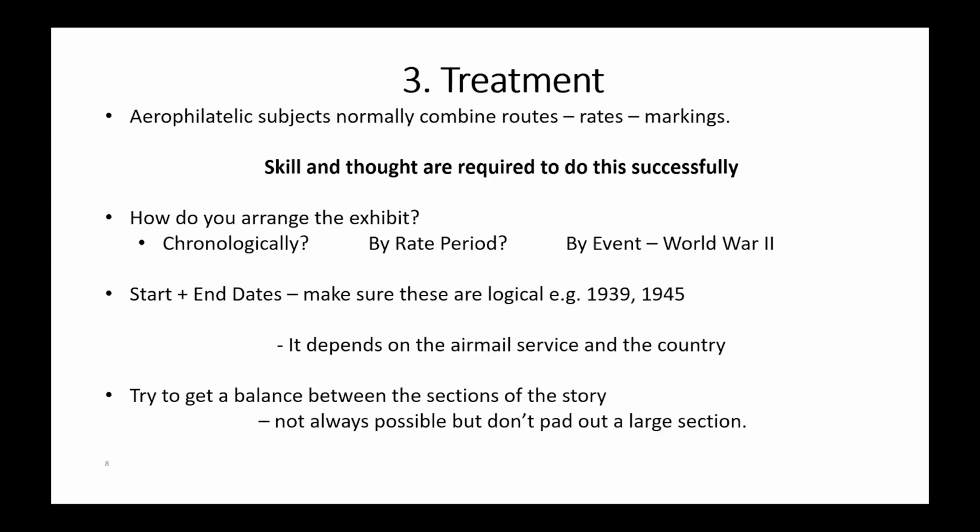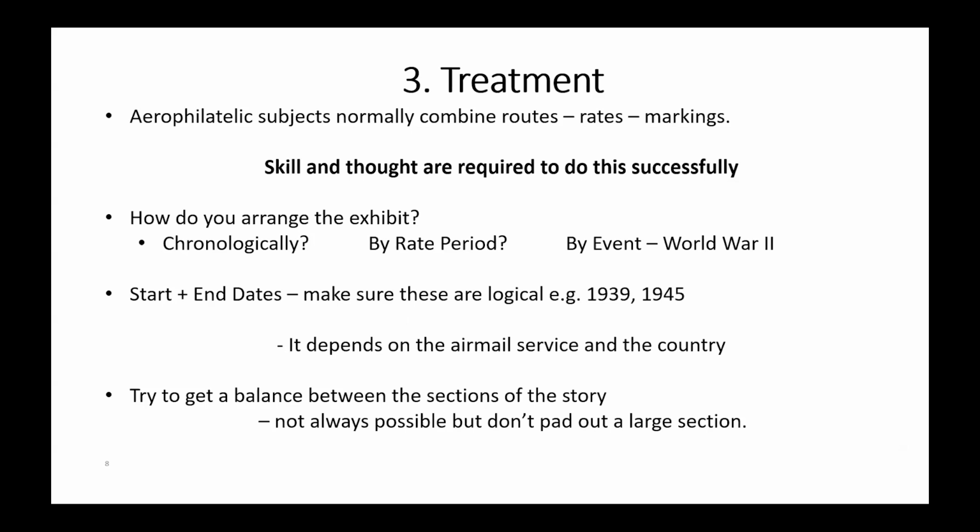All right, treatment. We spoke a bit about treatment, remembering it's a story and it has a beginning, middle, and end. They should all be balanced, it should all make sense, and it should be complete and correct. Aerophilatelic subjects typically combine routes, rates, and markings on the covers to tell the story.